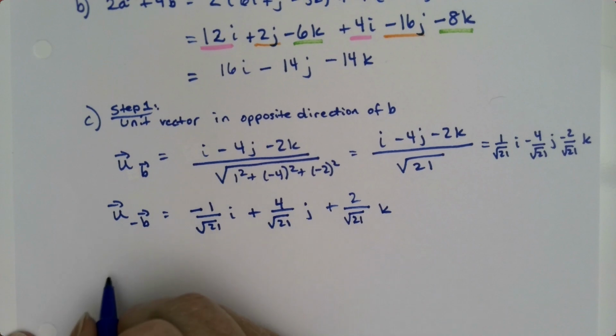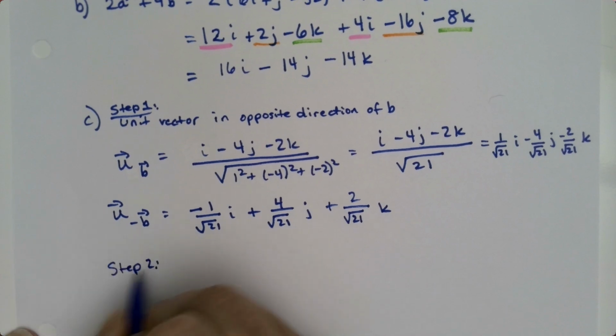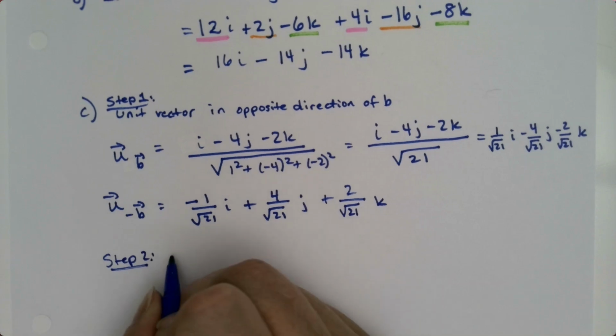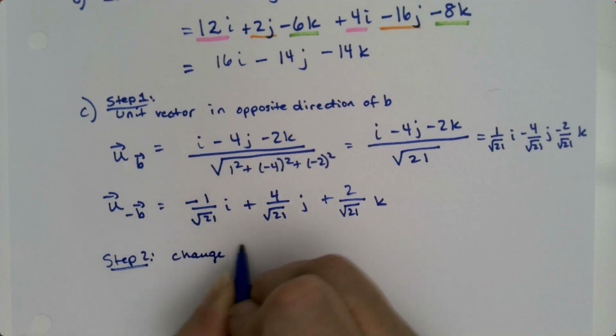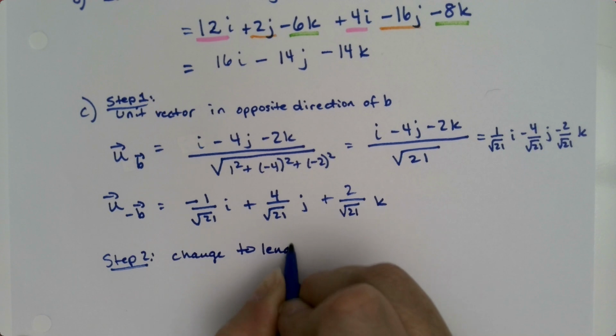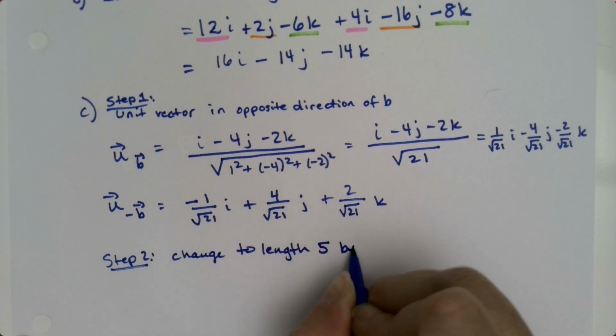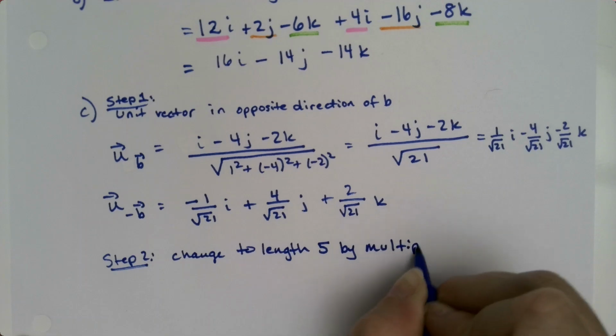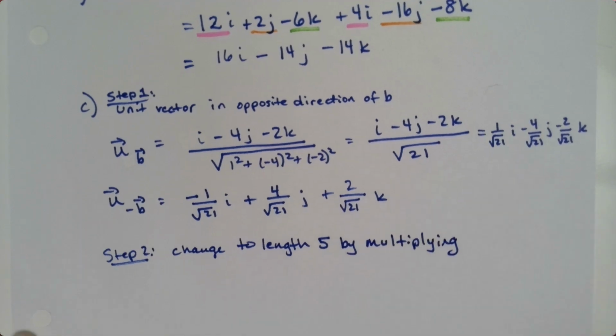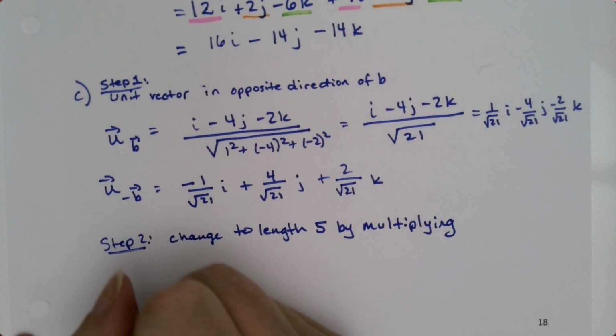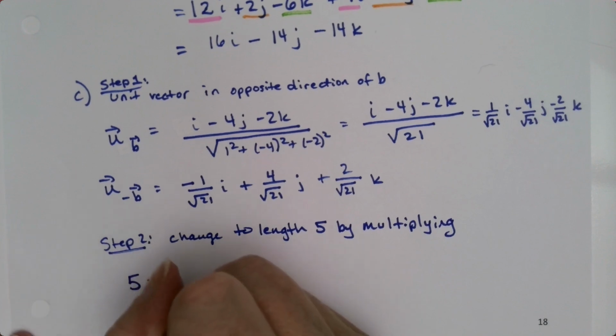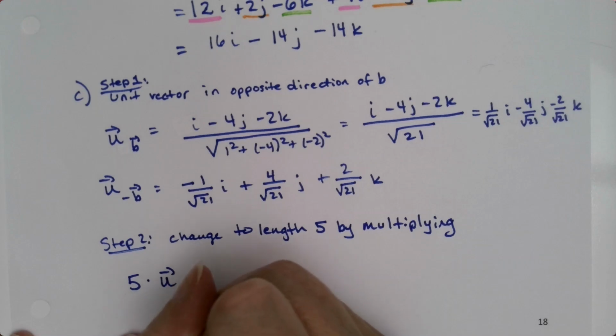All right, so now step 2, you make it a length 5 by multiplying. So you take 5 times the unit vector in the negative B direction.